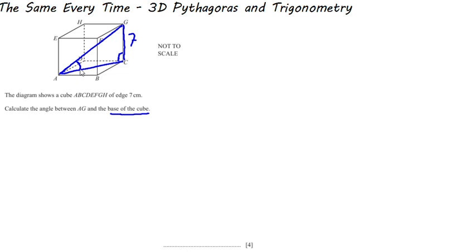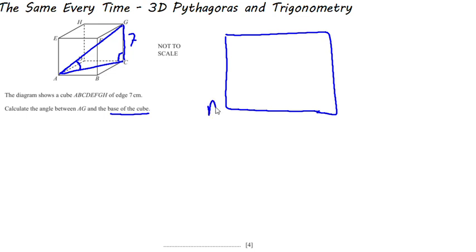Right, the easiest side to find is the side from A to C. So imagine that we're looking at the base of this cube, so A, B, C, D, and I'm thinking that I want to find from A to C just there. That would be 7, that would be 7. Because this is a cube, that's a right angle.